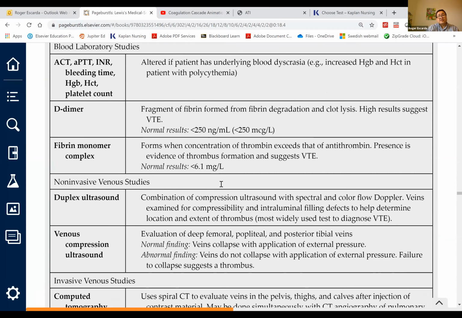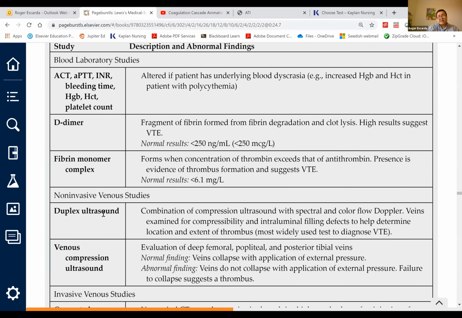But at least you're not wasting a Doppler ultrasound, because let's say your D-dimer is low. Do you proceed with the Doppler ultrasound? No, what for, right? Why would we order an expensive test when the D-dimer doesn't suggest the presence of a clot or what's left of a clot? Is that clear? Yes, Professor.